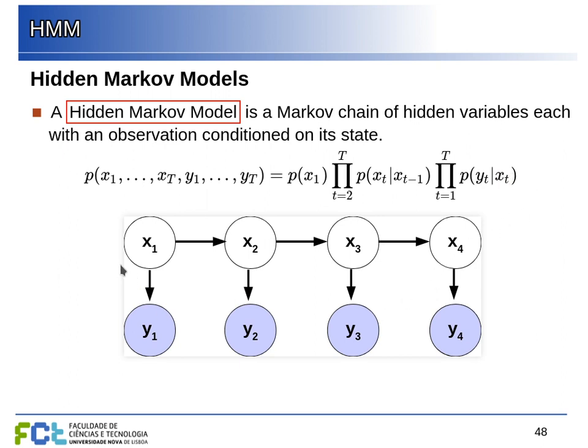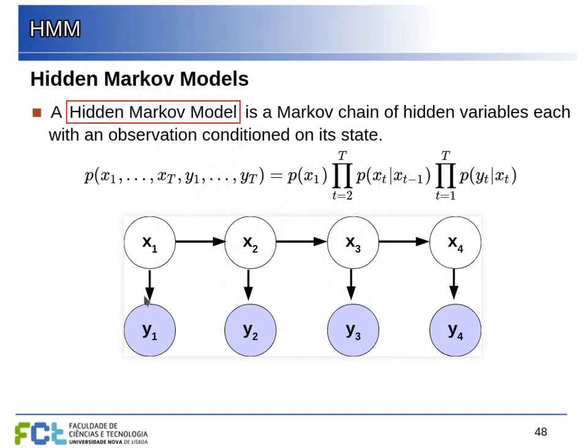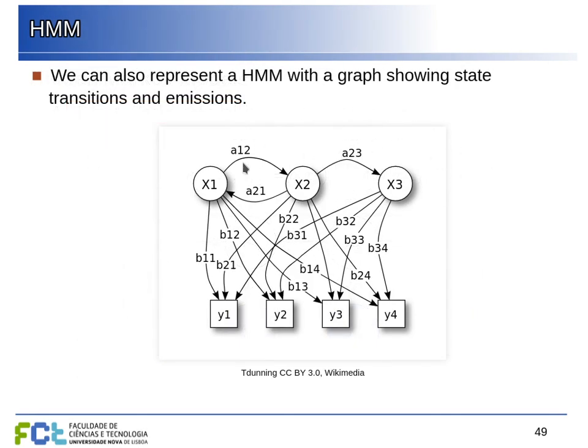And this hidden Markov model basically can represent something that we are observing in a sequence. It can be a temporal sequence, but it can be a different sequence, and represent this as a function of some state that we cannot observe directly. We can represent this differently if instead of representing this as a Bayes network unrolled over time, we can represent this simply as the changes of state.